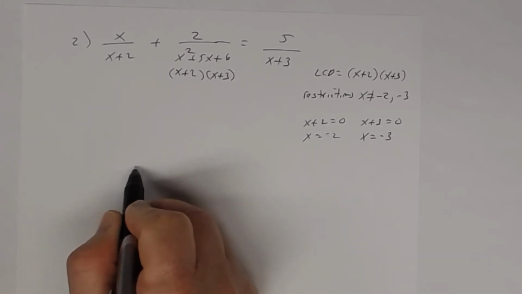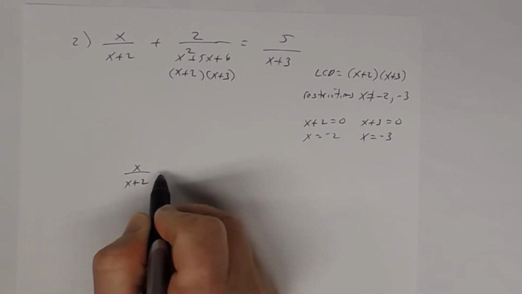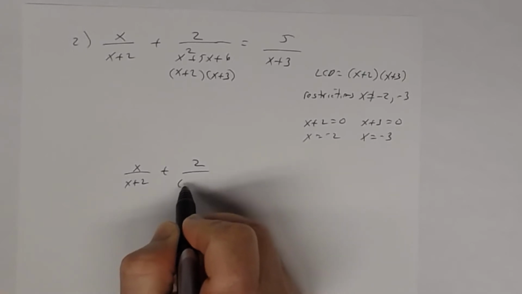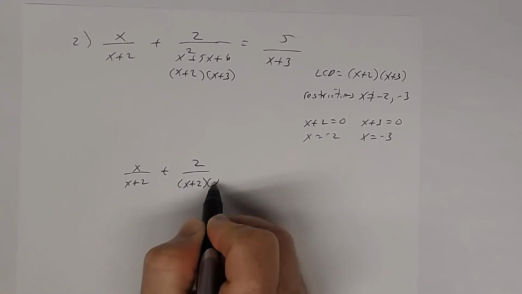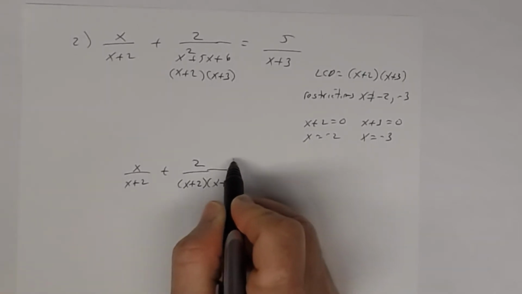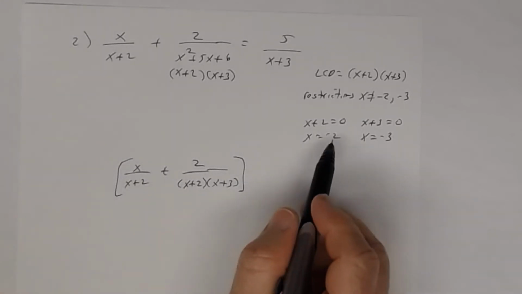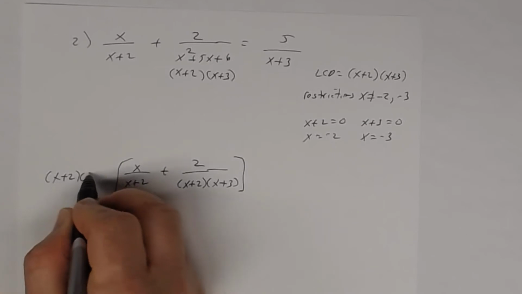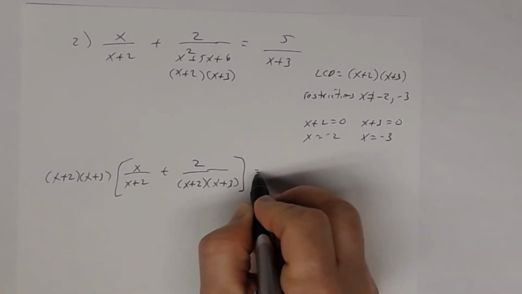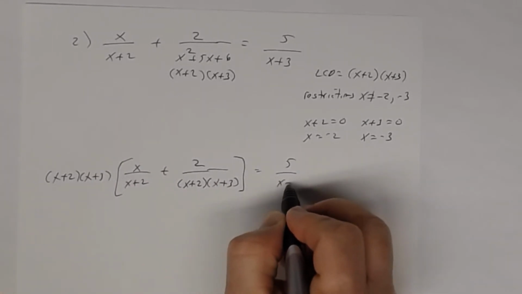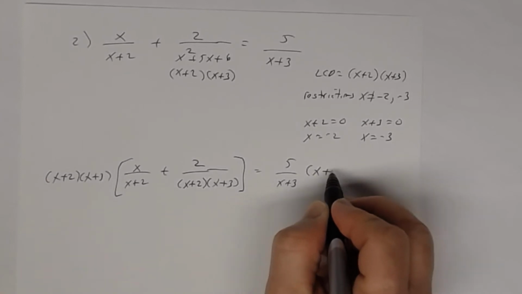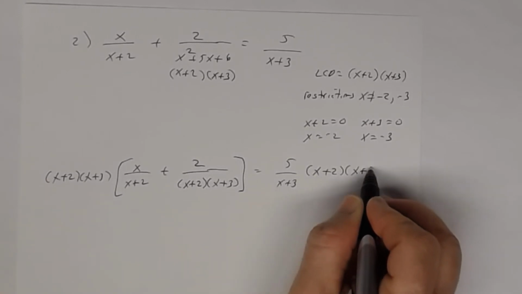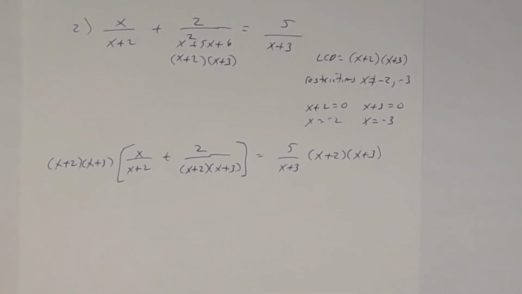I get x divided by x plus 2, plus 2 divided by, in factored form, x plus 2 times x plus 3. Put that in brackets, and that's going to be multiplied by the LCD, x plus 2 times x plus 3. Equal 5 divided by x plus 3 times the LCD. So you'll multiply both sides by the least common denominator.